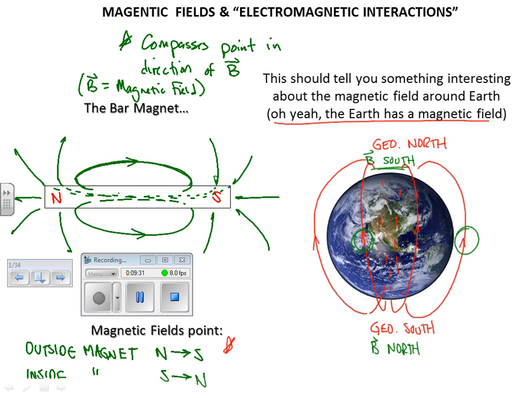But if you get up here, notice the field line's pointing down into the Earth. So that's not going to help you figure your way along the Earth's surface. That's why magnetic compasses have a real hard time working near magnetic poles.